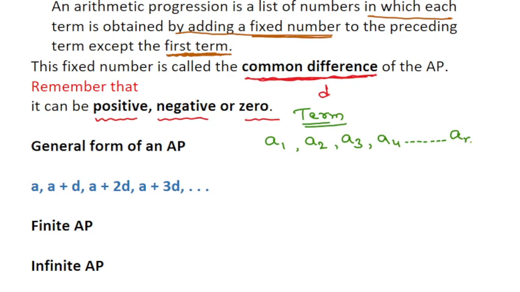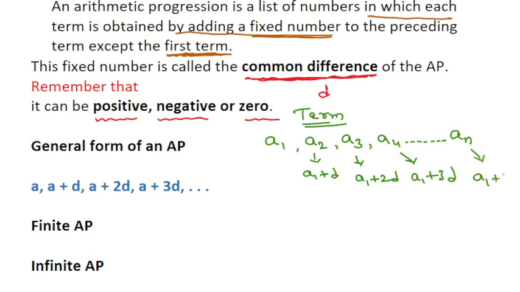The last term is denoted by an, or you can also say the nth term is denoted by an. Here a2 can be obtained by a1 plus d, a3 can be obtained by a1 plus 2d, a4 can be obtained by a1 plus 3d, and so on.